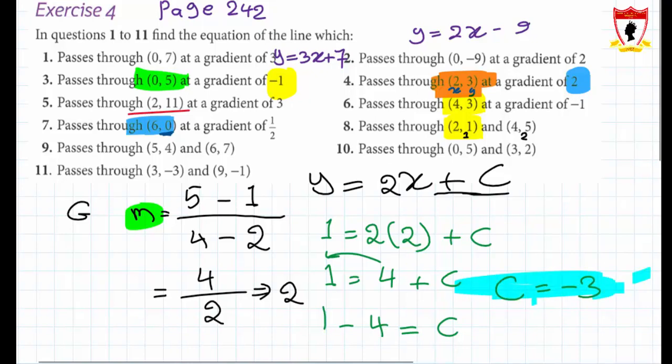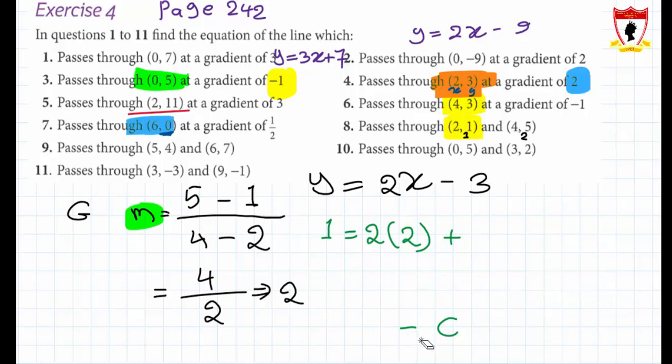We can complete the equation. So for question 8, y equals 2x minus 3 is the equation. Let's check this answer. We can check it by substituting 2 in place of x and 1 in place of y. Let's see, will we get both sides equal?